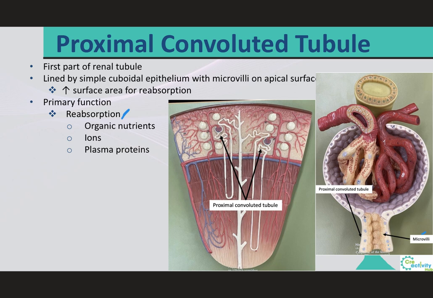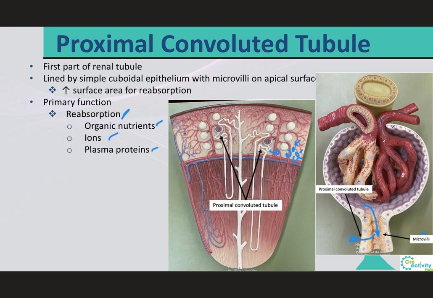Its cells actively reabsorb organic nutrients, ions, and plasma proteins, if any, from the filtrate that might escape. In addition, as the tubular fluid passes through the tubule, the epithelial cells will reabsorb 60% of the sodium ions, which are positive, and therefore chloride ions, which are negative, will follow as well.